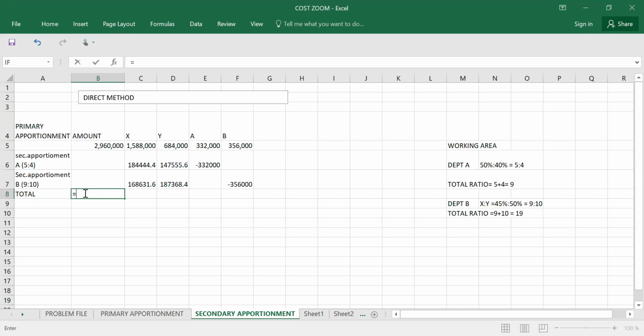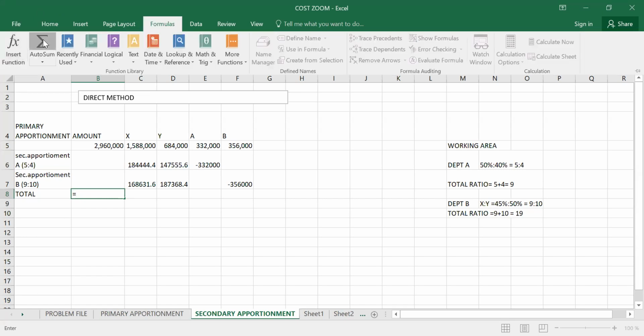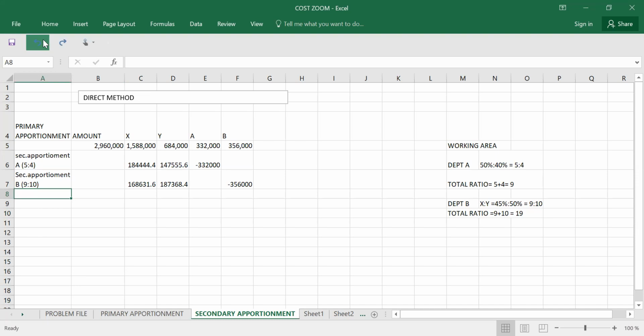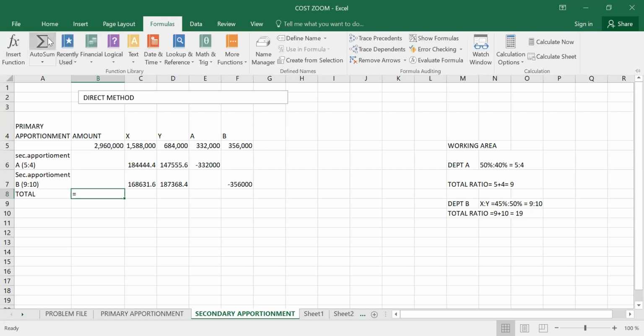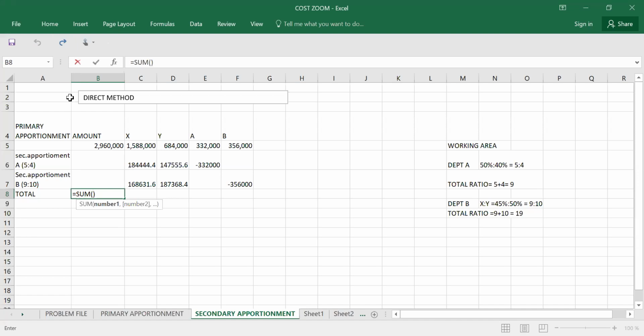So I say equals, come to the table here. I'm adding from there up, down here, and I have that.